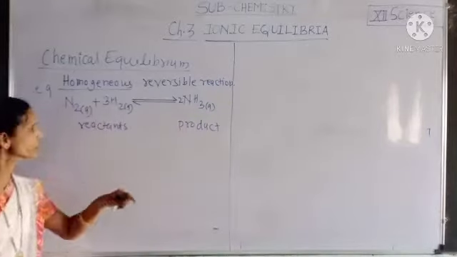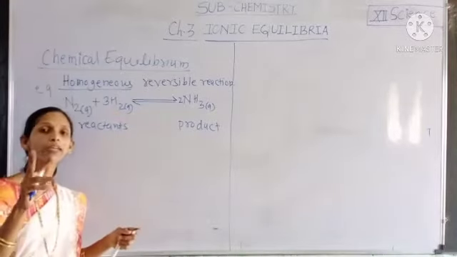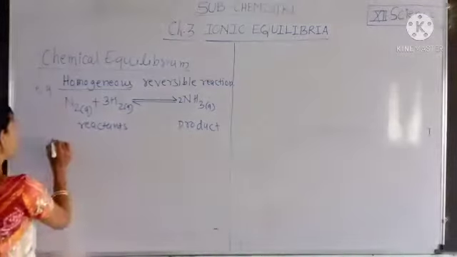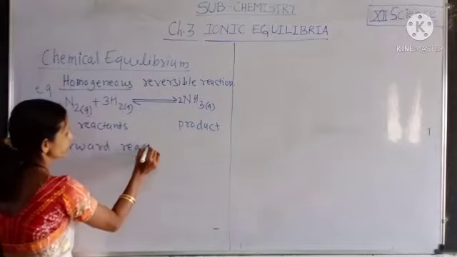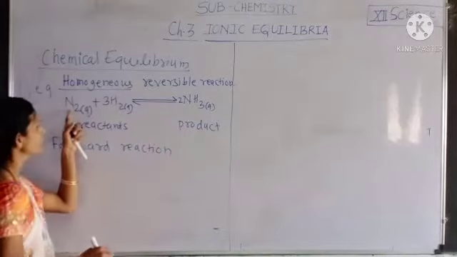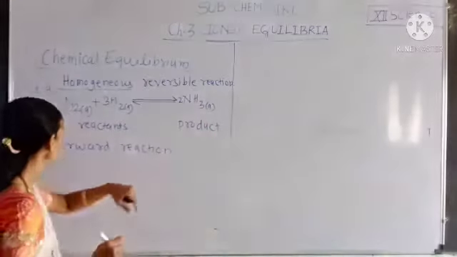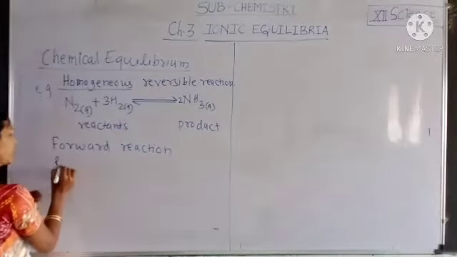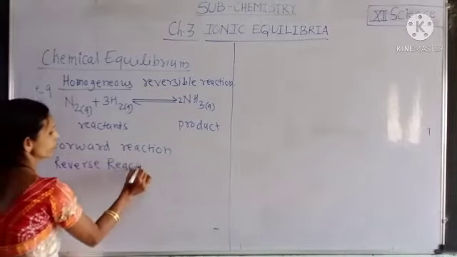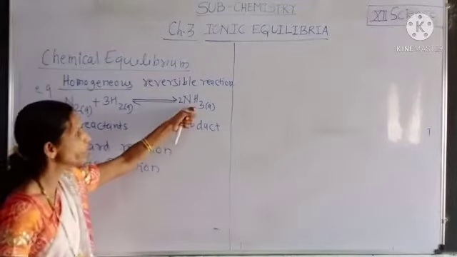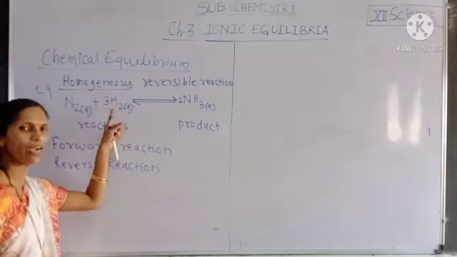And see here, in this chemical reaction two reactions are involved. That is the forward reaction, in which N2 gas combines with hydrogen gas to give ammonia gas, and one more reaction, that is the reverse reaction, in which ammonia is converted into nitrogen gas and hydrogen gas.